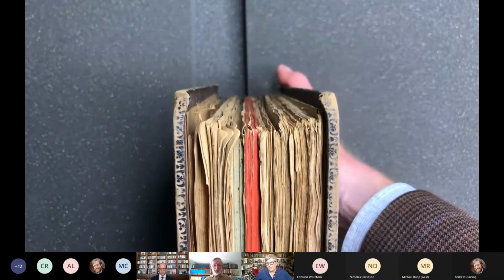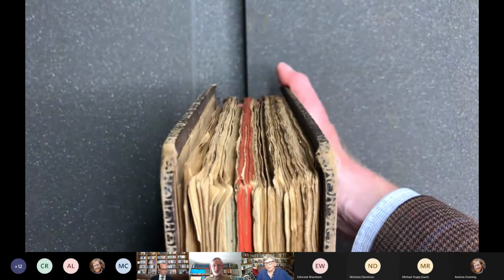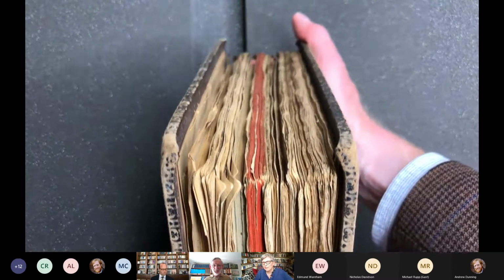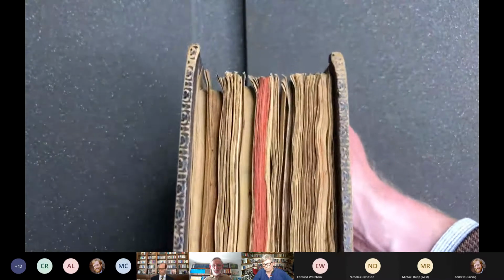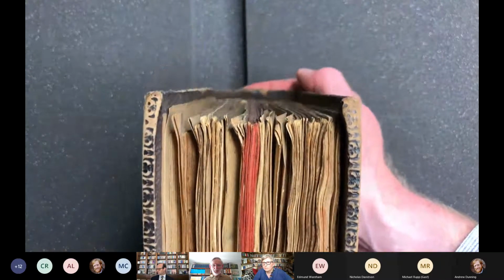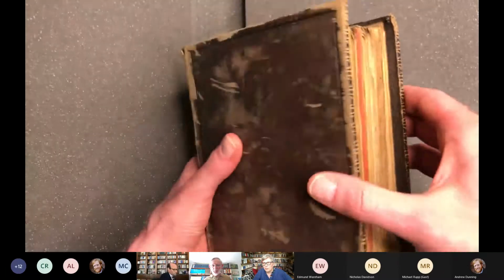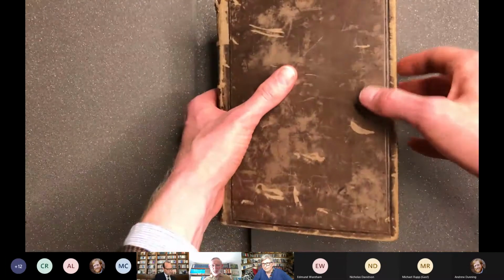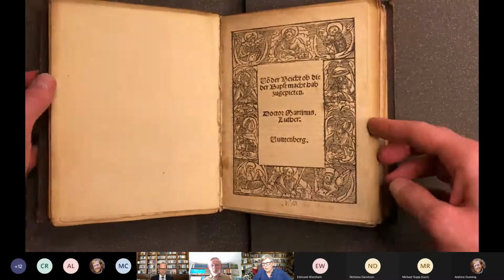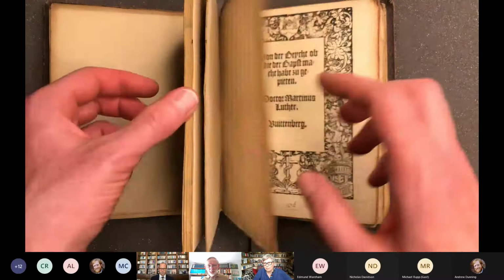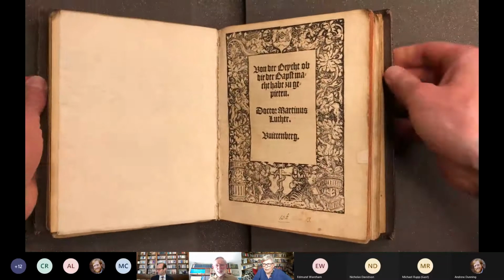So you can see how Strasbourg and Erfurt have all come together in their different pamphlet formatting. And all of them well thumbed. And actually worst for wear is the 19th century cover, which has been partly eaten by the leather worms.